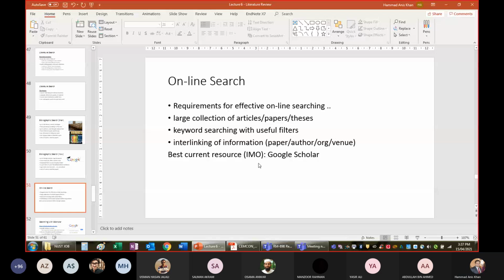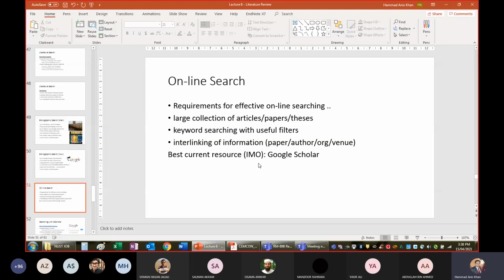So generally, for online search, what are the requirements? The requirements for an effective online search are that you have to focus on the research. There are two to three techniques which were discussed.